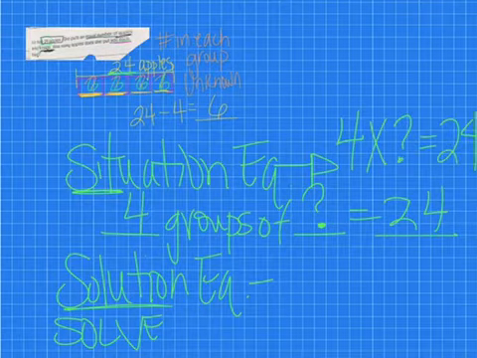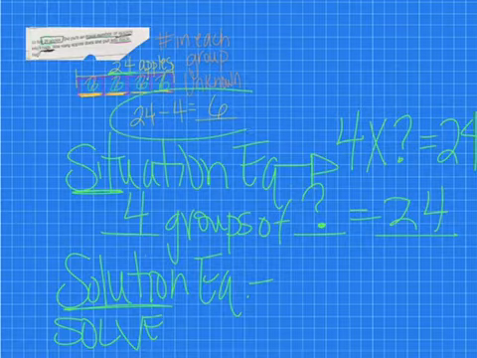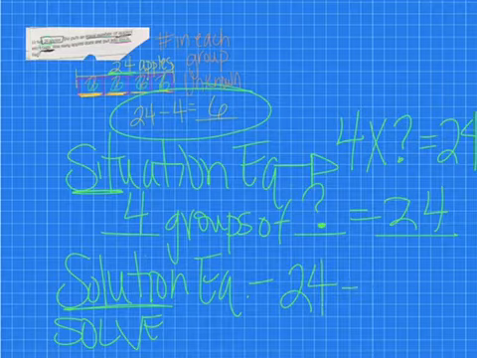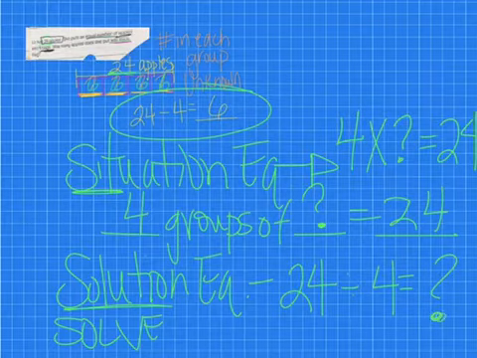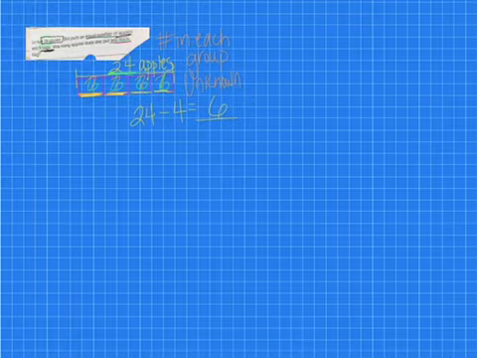The solution equation is how we solved it, and we solved it by doing division. 24 divided by 4, the 4 groups gave us 6 in each group. But since it's an equation, I have to have my question mark at the end. So now all we have left is to answer in a complete sentence.